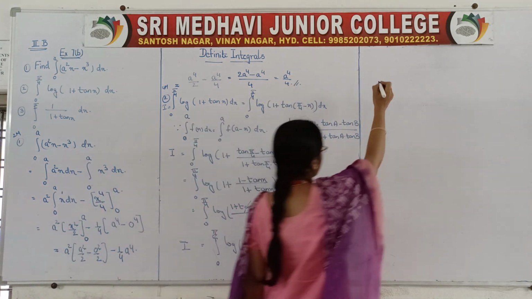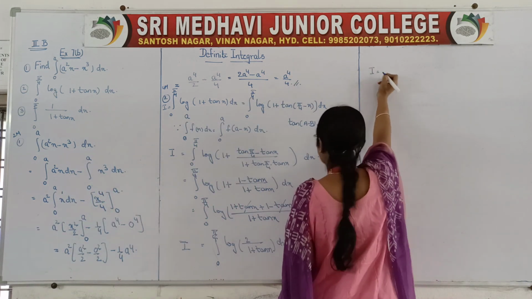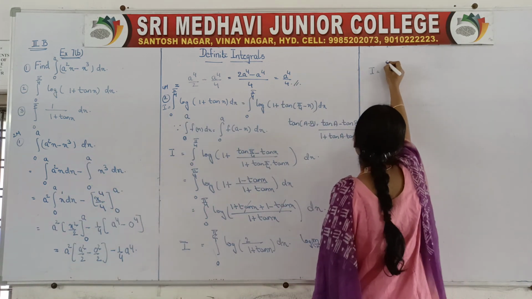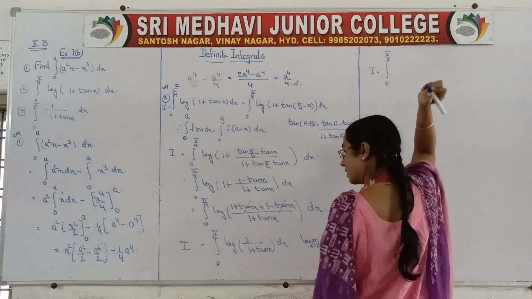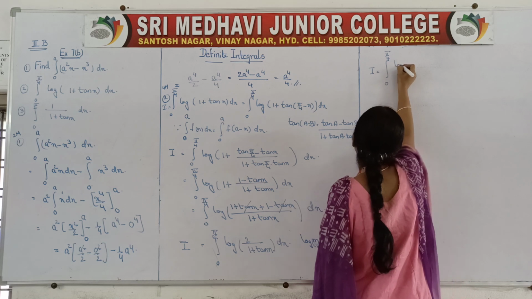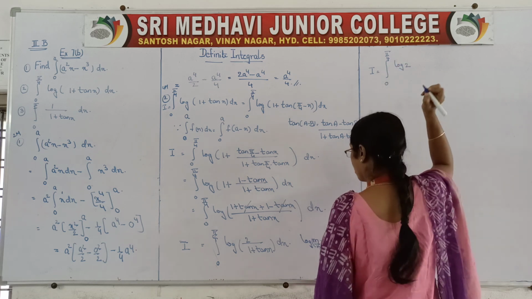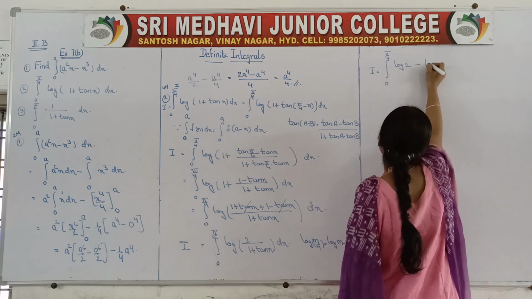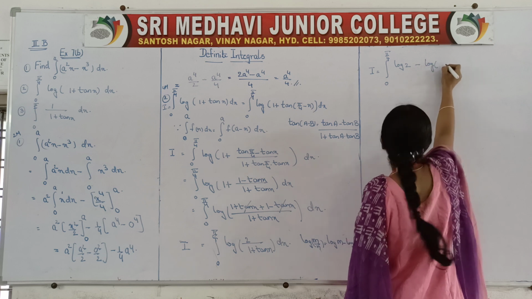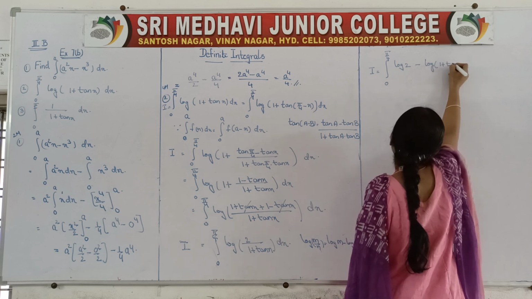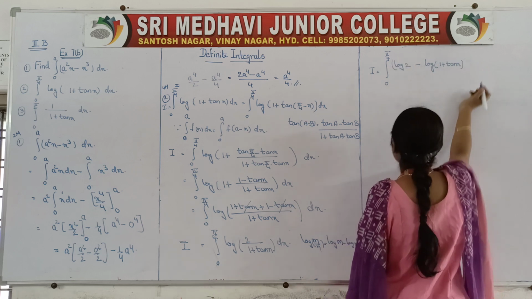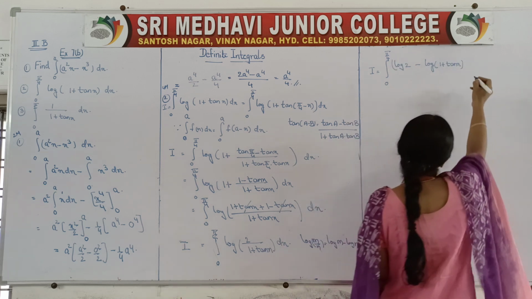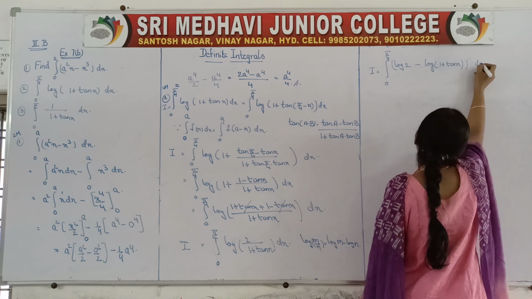So we can write that as I is equal to integral 0 to pi by 4, log 2 in m place, minus log of 1 plus tan x in n place, isn't it? Log m by n can be written as log m minus log n.